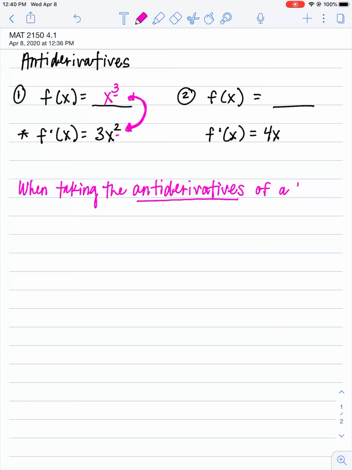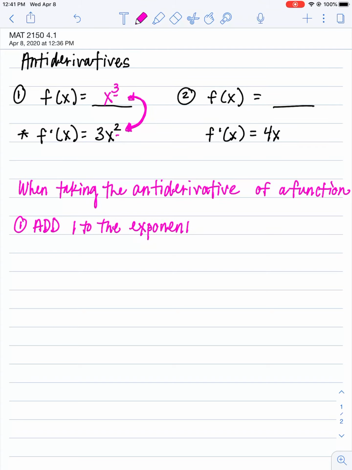So when taking the antiderivative of a function, the first step, like we said, is to add 1 to the exponent.